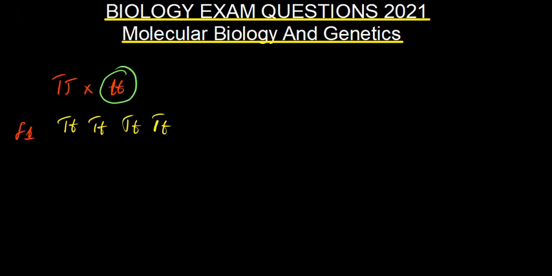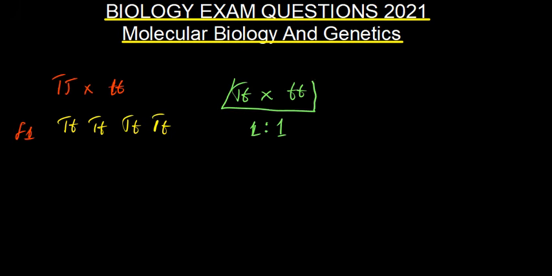You're going to pick one of the F1, cross it with the parent with a recessive trait. When you conduct this cross, we're going to have the ratios which will be 1-to-1. So a test cross in a monohybrid cross, the Mendelian ratio is always 1-to-1.